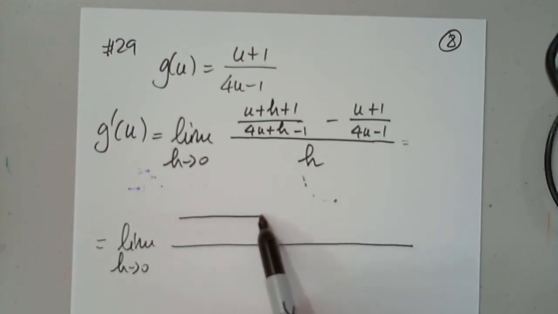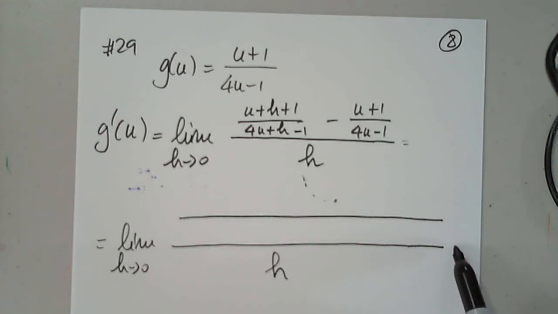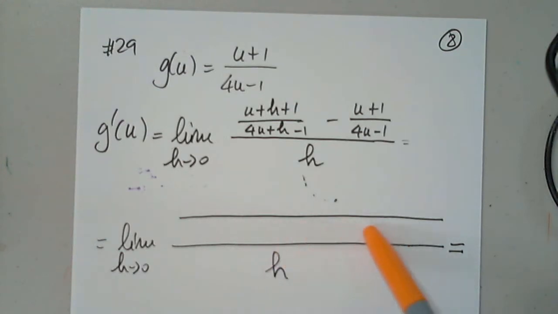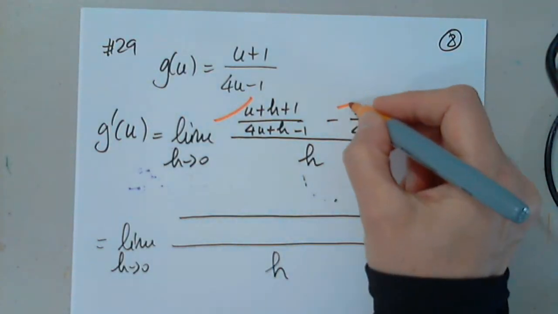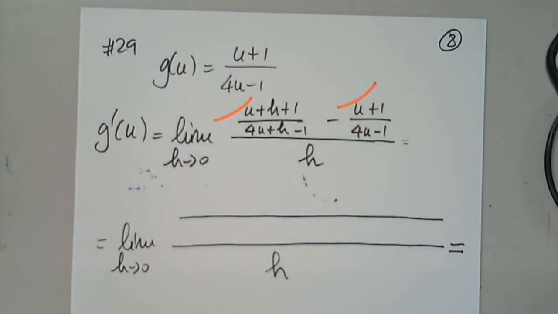Can anyone give us the least common denominator in the numerator? The least common denominator here. For u plus h minus 1 times 4u minus 1.